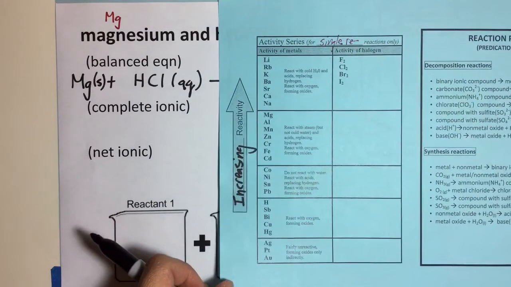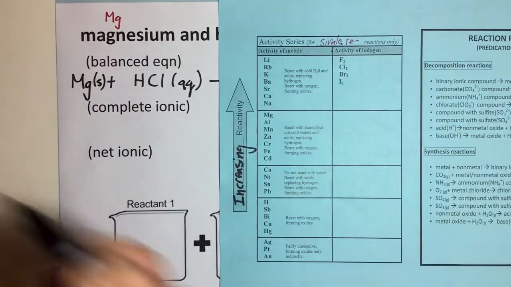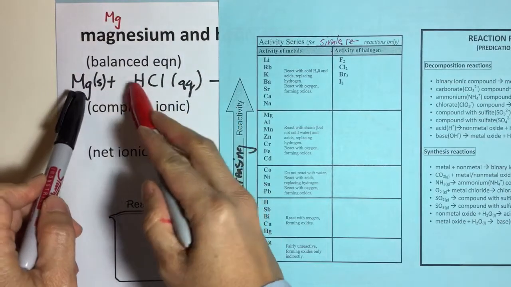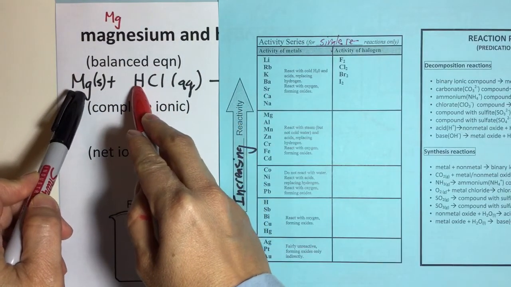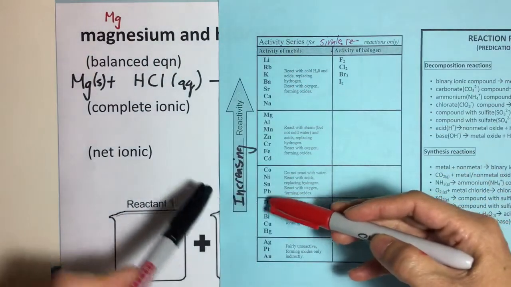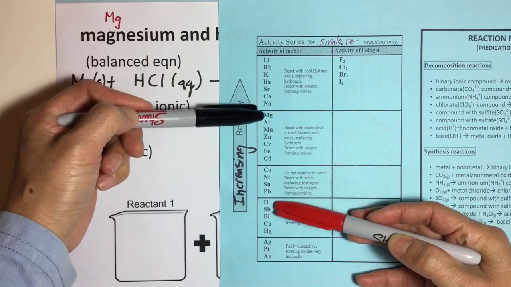The next thing you want to do is look to see if it's possible to replace it. This activity series chart will tell you whether it's possible. What you're looking at is the two substances that will be substituting or replacing each other, so it's magnesium and hydrogen. I look at hydrogen and I look at magnesium, and I see that magnesium is more reactive than hydrogen.